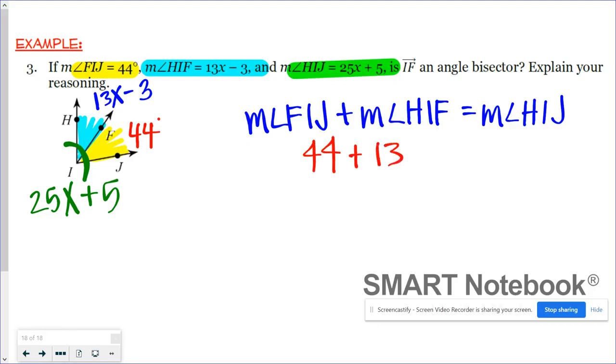So now I'm going to use my awesome algebra skills to figure out what the value of x is.